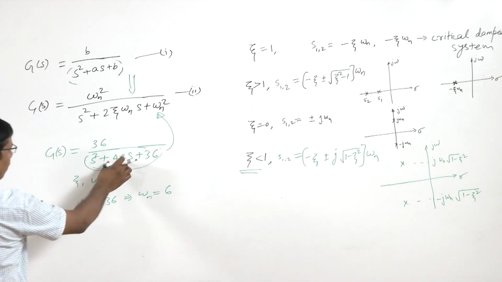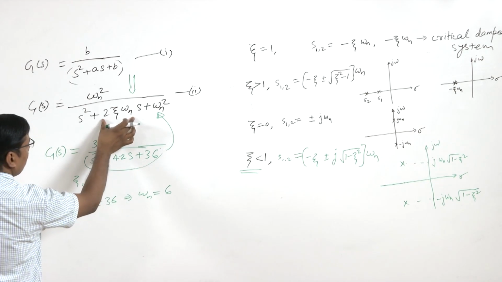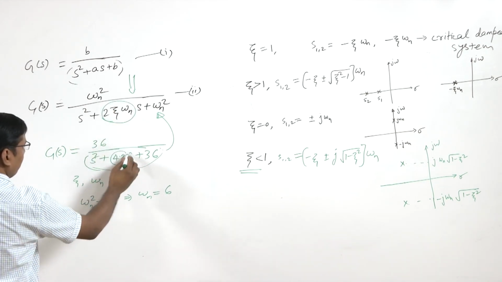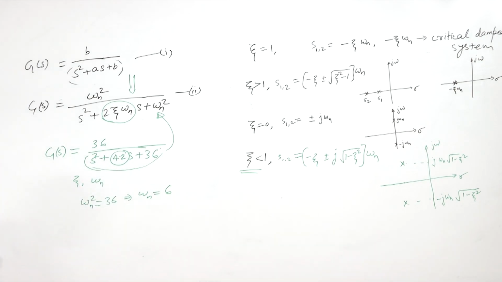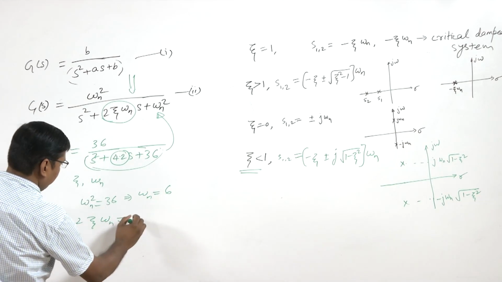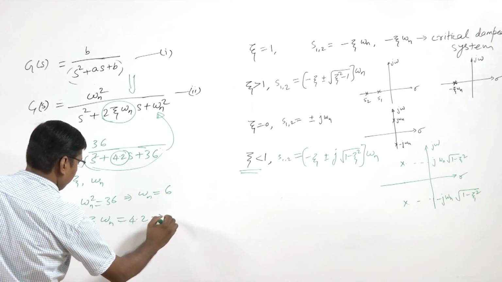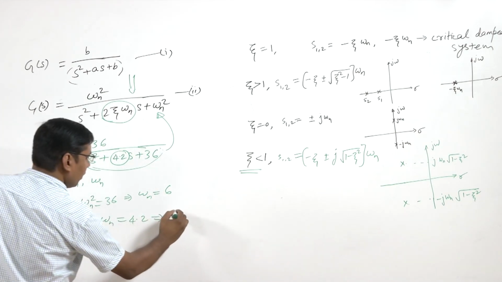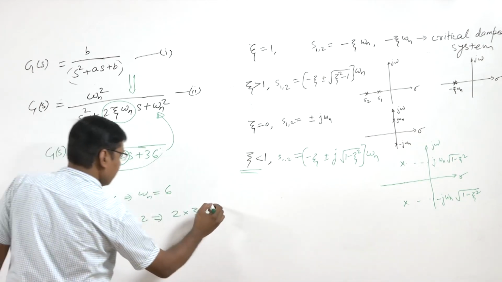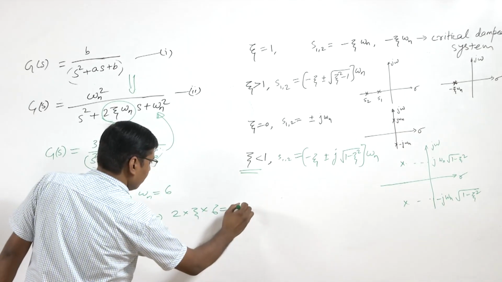Now 4.2 is equal to 2 zeta omega n, because this is the coefficient of s and here the coefficient of s is 4.2. So 2 times zeta times omega n, we have already got 6, equals 4.2.